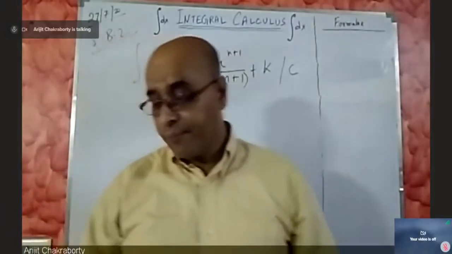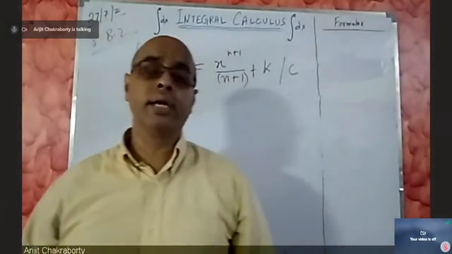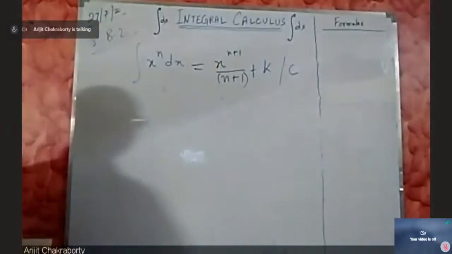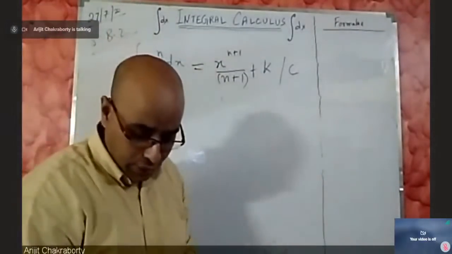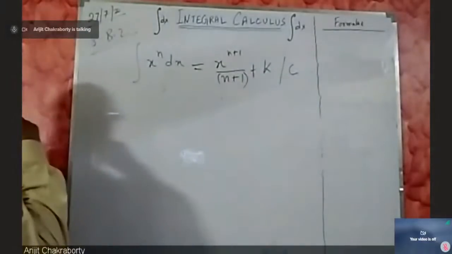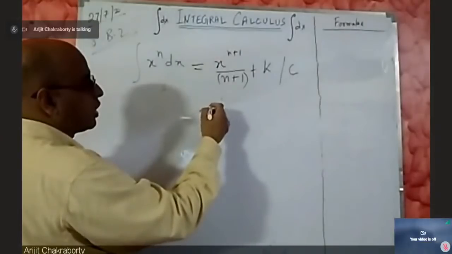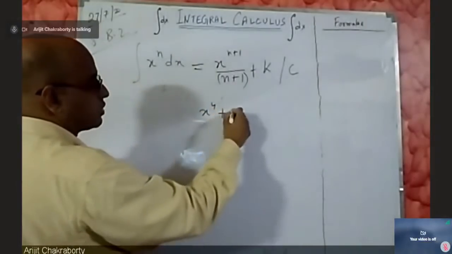The question is, why is the constant of integration used? I'll take an example. Say, for example, x to the power 4 plus 5.